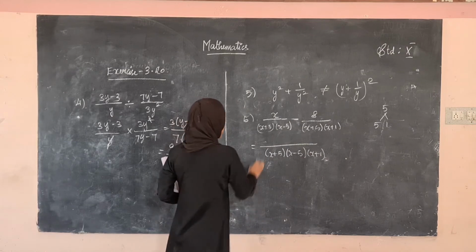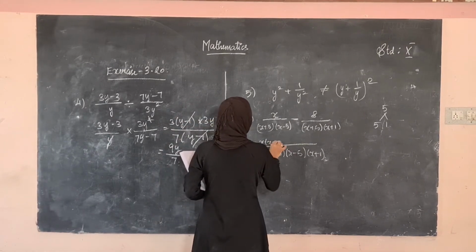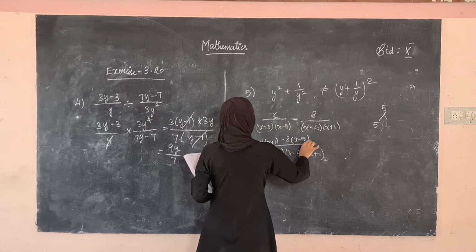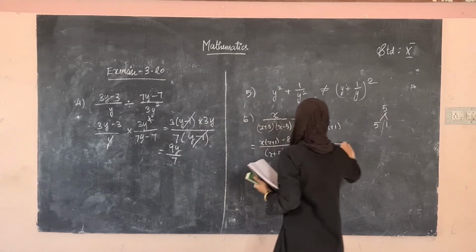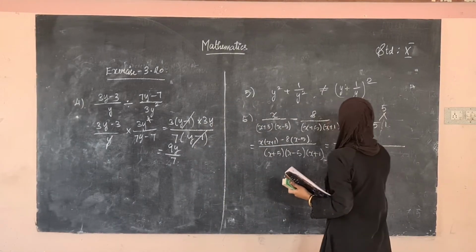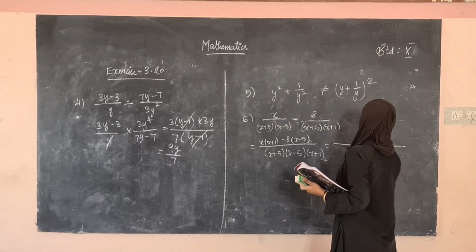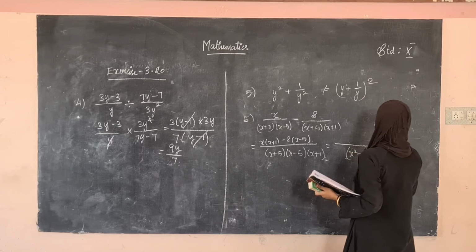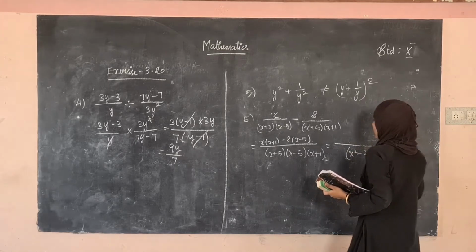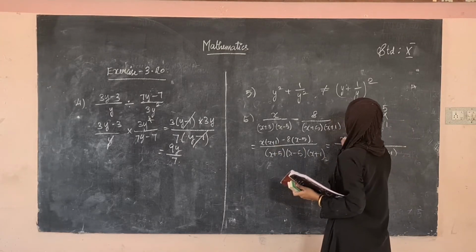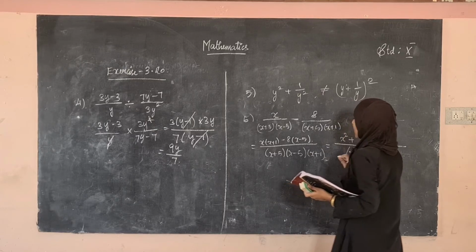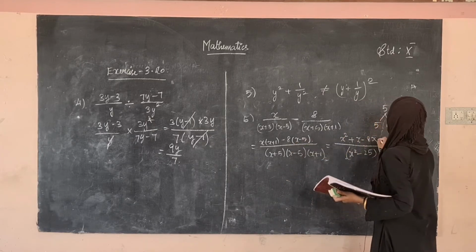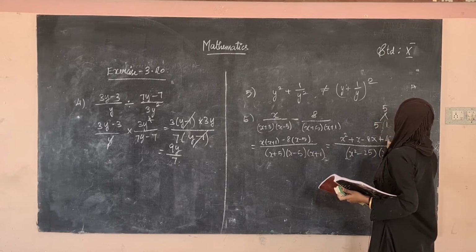Okay, so what happens? x into x plus 1 minus 8 into x minus 5. See the denominator, this can be written as x square minus 5 square, that is 25, x square minus 25 into x plus 1. And here we multiply this: x into x is x square, plus x into 1 is x, minus 8x, minus into minus plus 8 into 5 is 40.